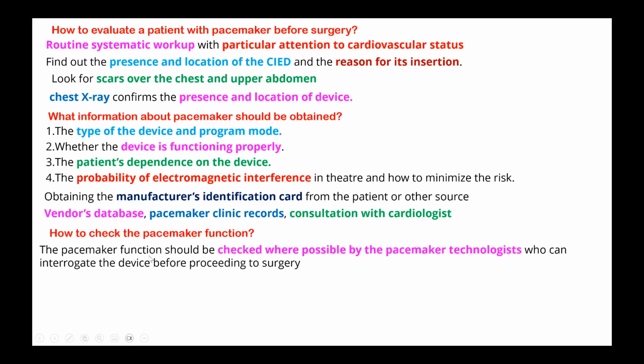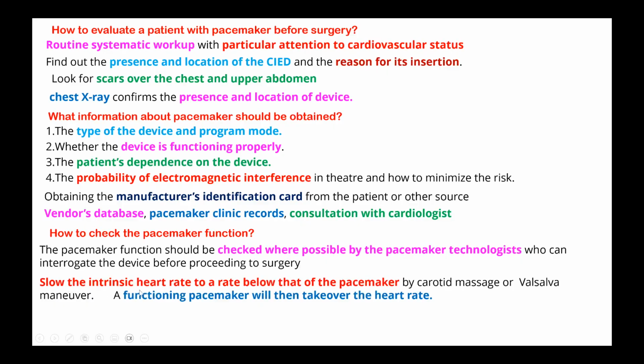Valsalva. Okay, the pacemaker function should be checked where possible by pacemaker technologists and interrogation if it is available. Otherwise, slow the intrinsic heart rate by Valsalva maneuver, and a functioning pacemaker will then take over the heart rate. So either carotid massage or Valsalva maneuver, you can reduce the heart rate clinically.